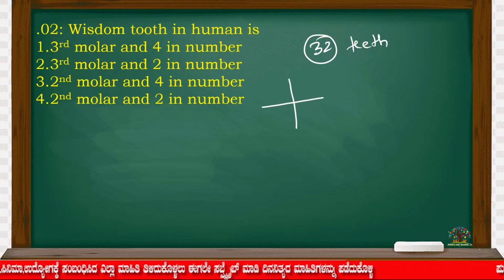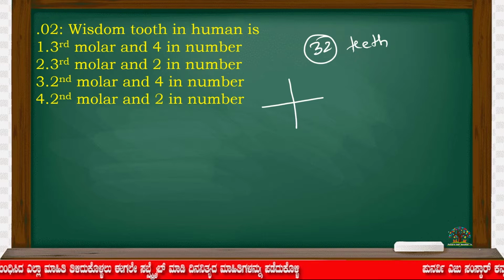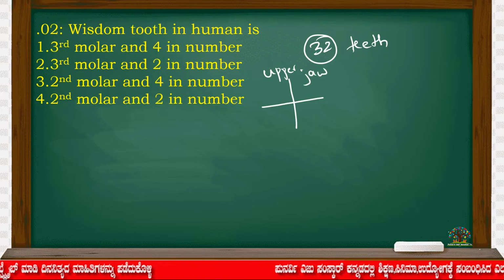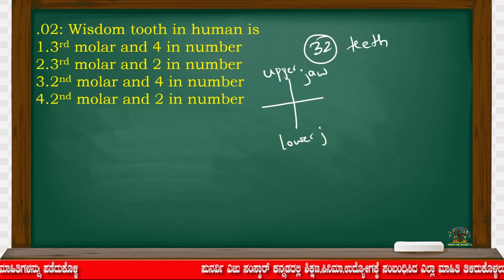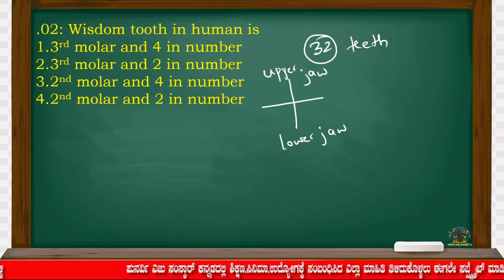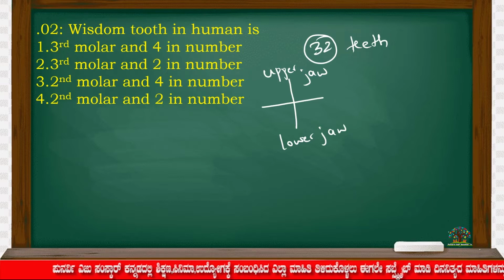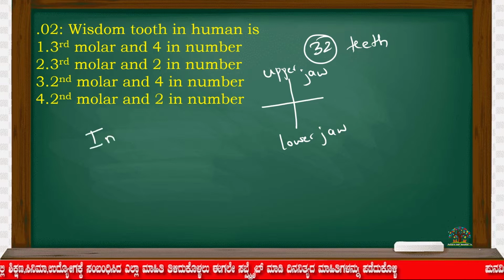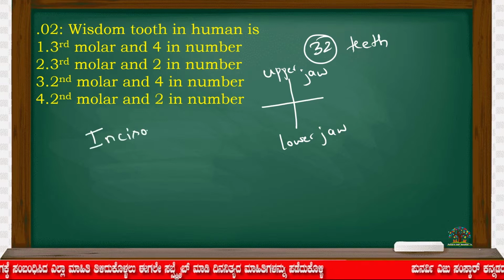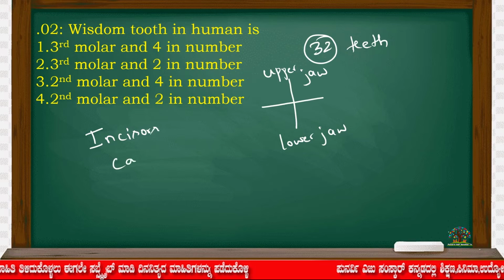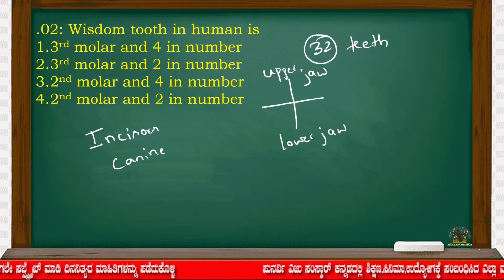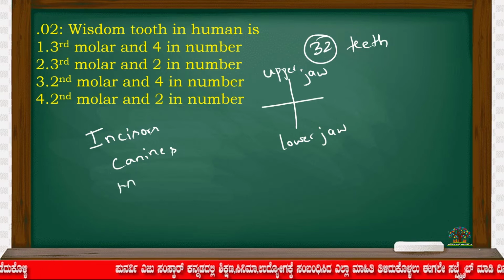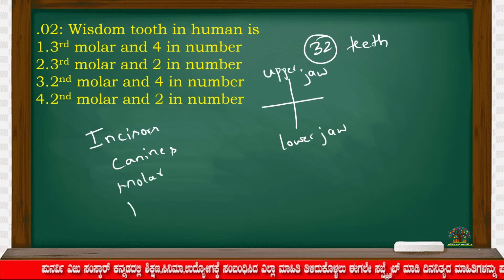The upper two quadrants form the upper jaw and lower two quadrants form the lower jaw, and in each quadrant we are able to find incisors, canines, molar and premolar.